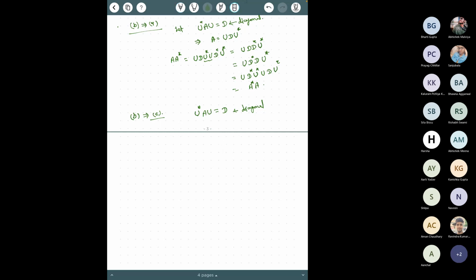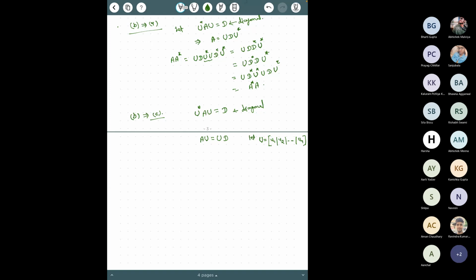So what we can do here is write this as AU is equal to UD, because I can multiply with U from the left-hand side. Now assume the columns of U are of this form, say u1, u2, and so on, up to un.